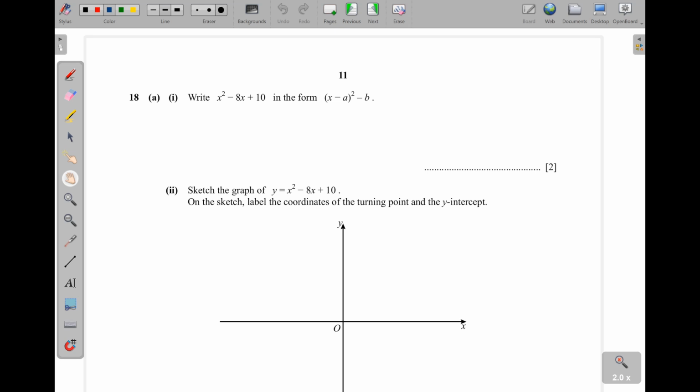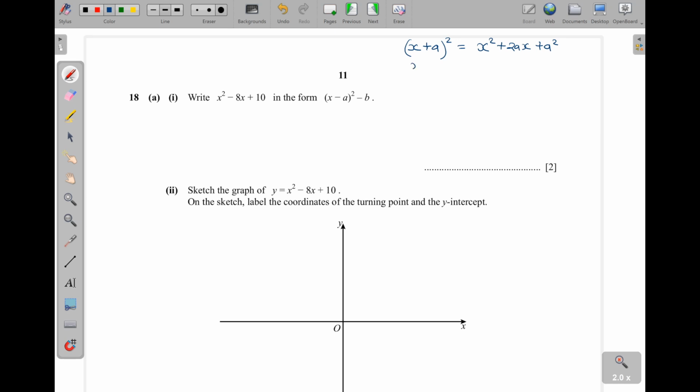Number 1, I'm going to show you something here. If I have, let's say, x plus a, all squared, when I open this one, it is x squared plus 2ax plus a squared.